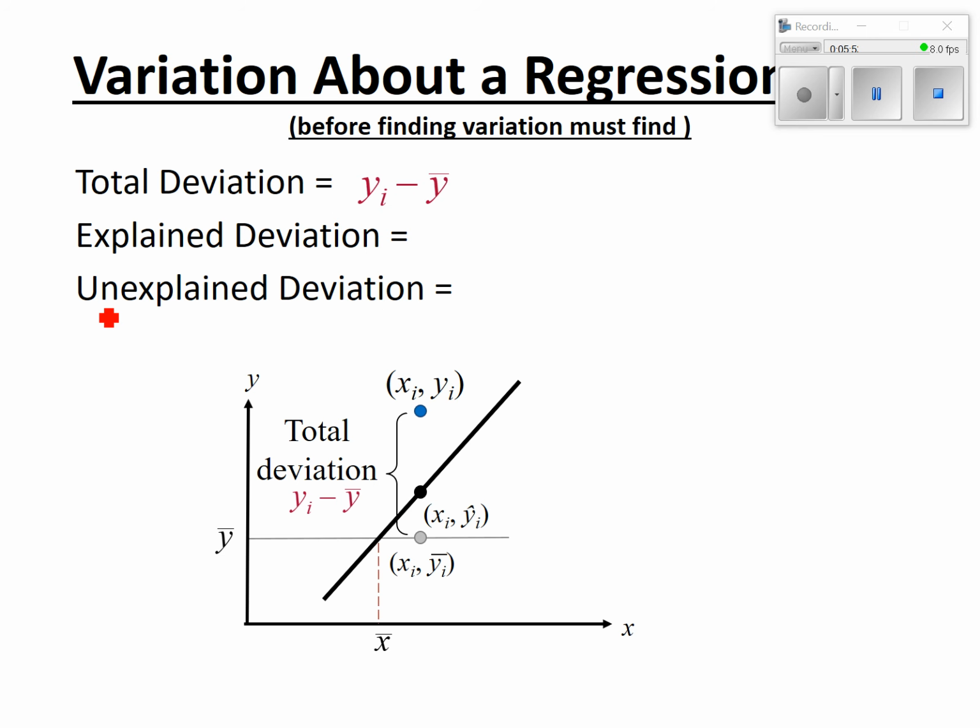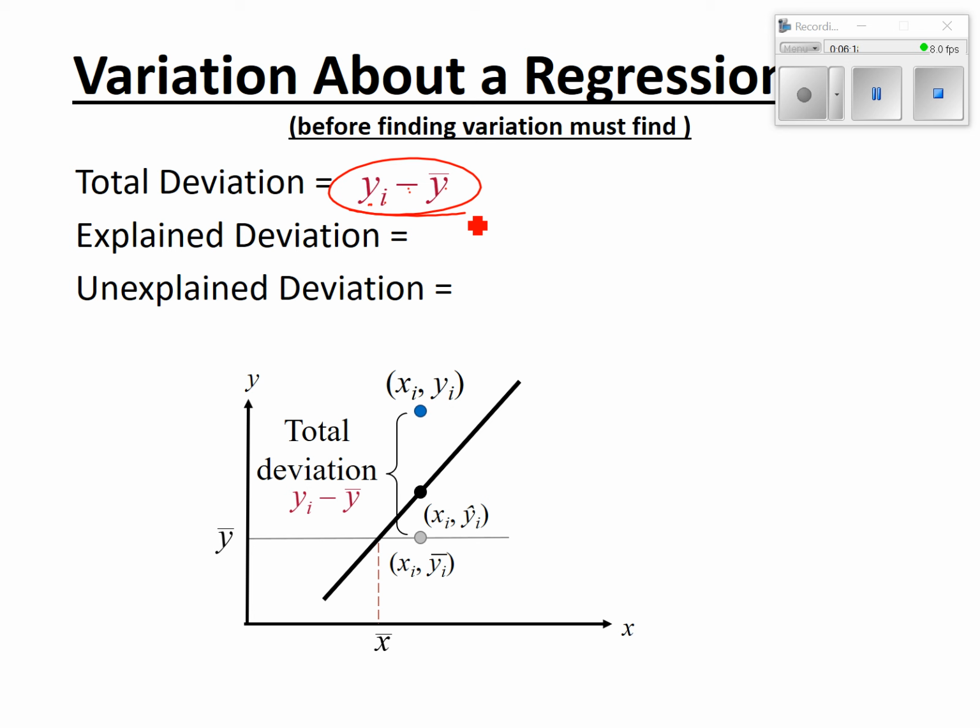Your total deviation is always y sub i, so all the y's minus each y bar, and you have to do that for every point to find the total deviation, or how much all of them are deviating from the prediction. So that's right here.